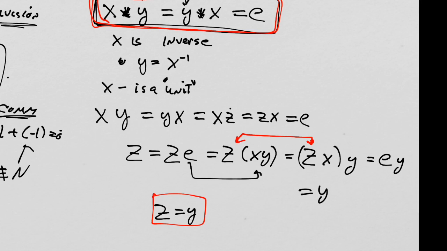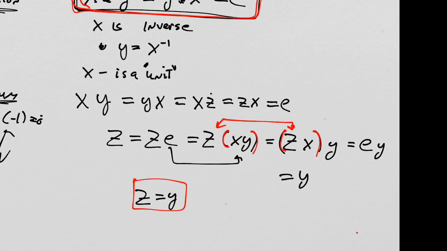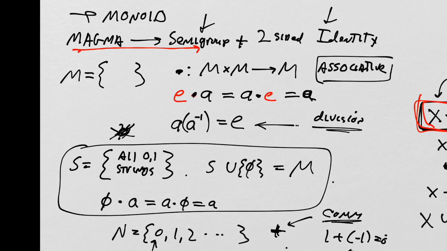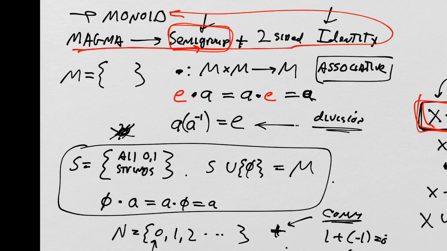Now notice that in this process of proving that, to go from here to here, we used associativity, right? And that's why associativity is so darn important. When we go through this process of going from a magma up to a monoid, the first thing we ask is that the group operation be associative.